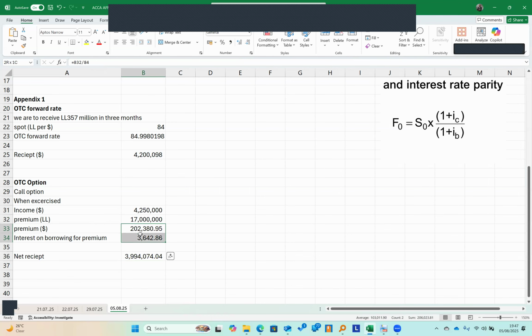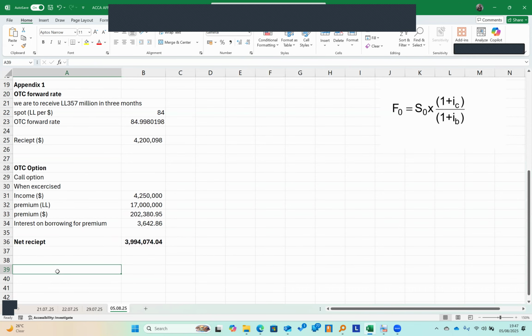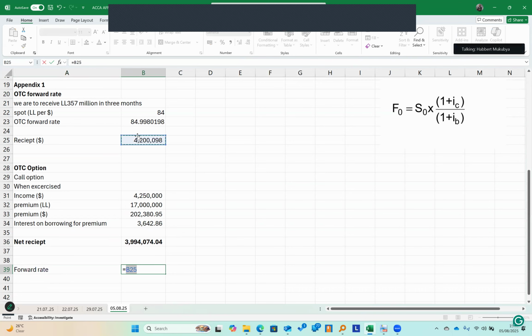Because these two amounts still give you the same 206. So which gives us 3.9. That's our net receipt. Now, of course, you could summarize it here. If we are using the forward rate, we receive 4.2.